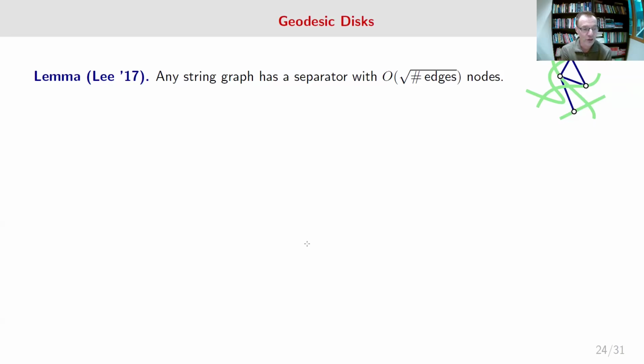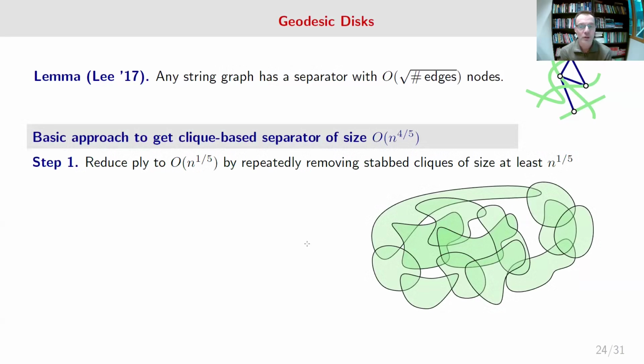If you have a quadratic number of edges, this is useless. So the strategy is to somehow get to a situation where you have a sub-quadratic number of edges.